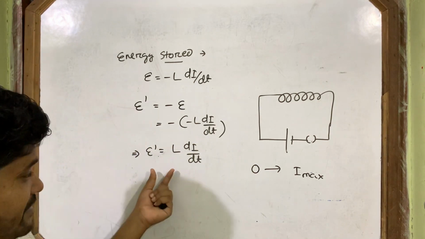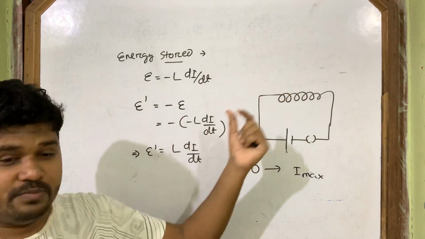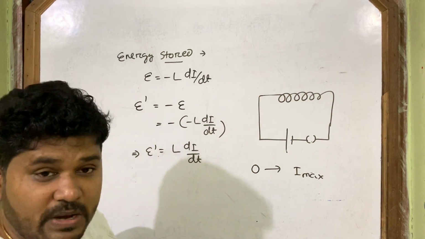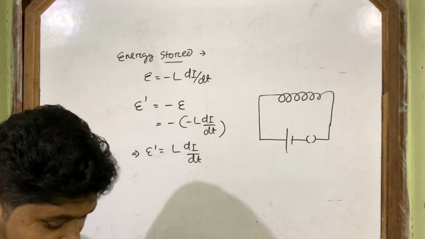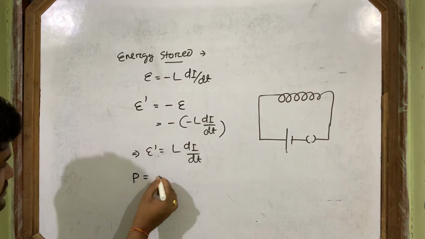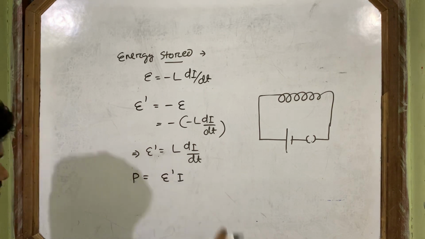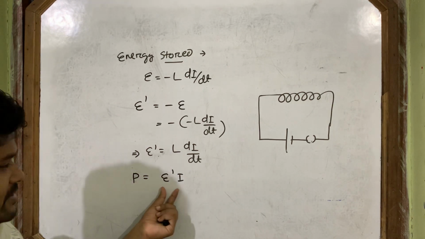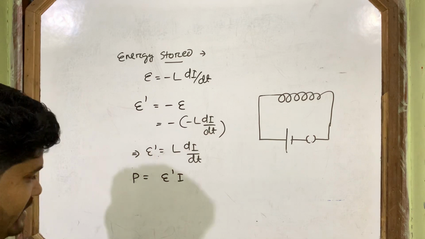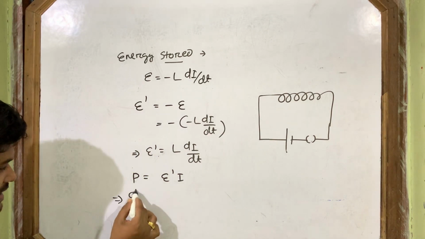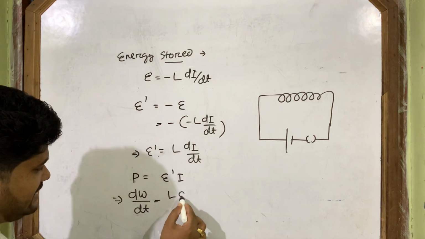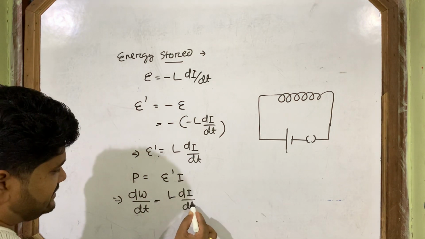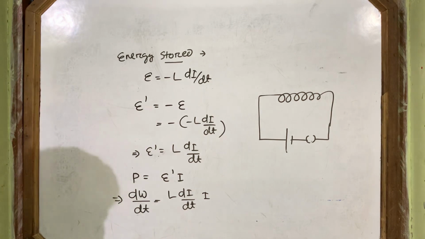If we apply this much EMF to overcome the opposition, how much power is delivered? What is the formula of power? Power P is equal to EI, voltage into current. This power is the rate of change of work, and E is L di by dt into I. So dt we can cancel from both sides.